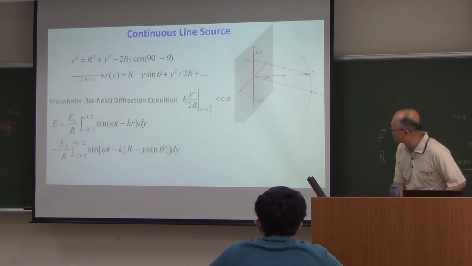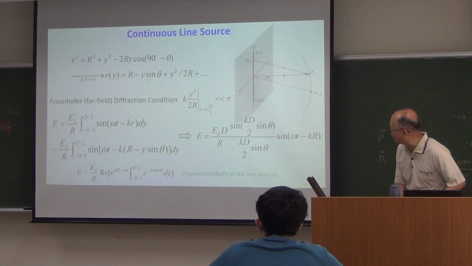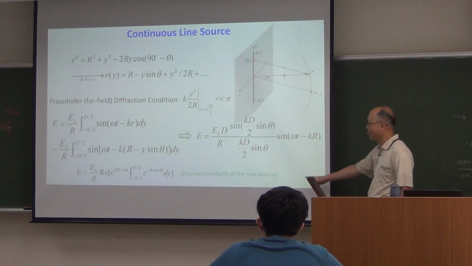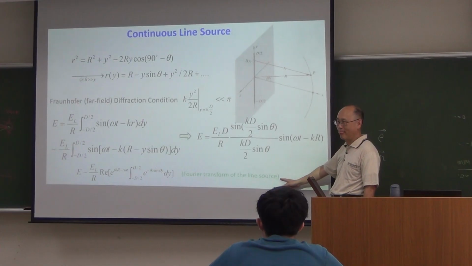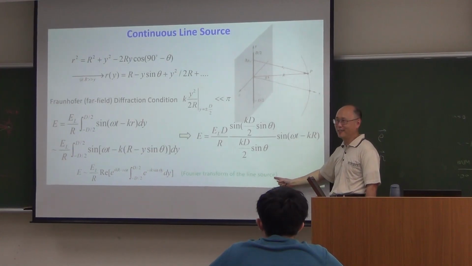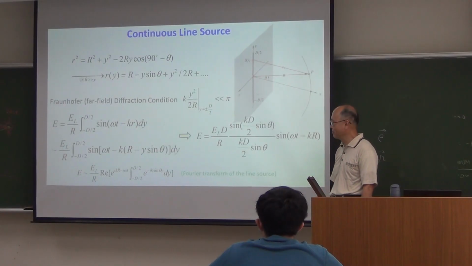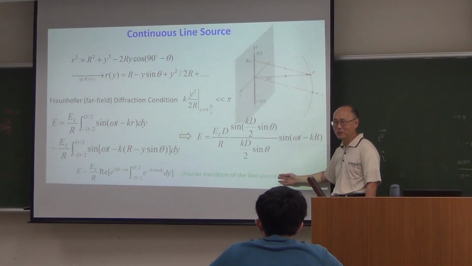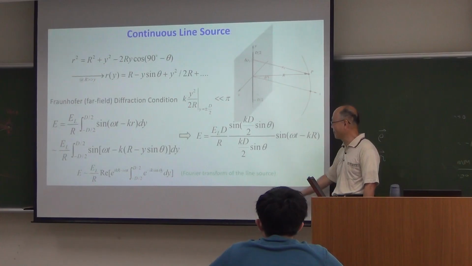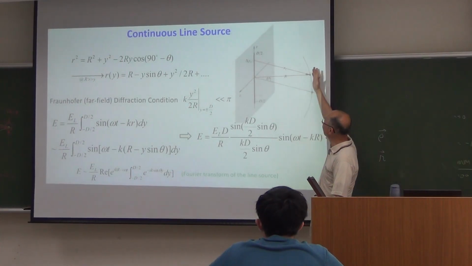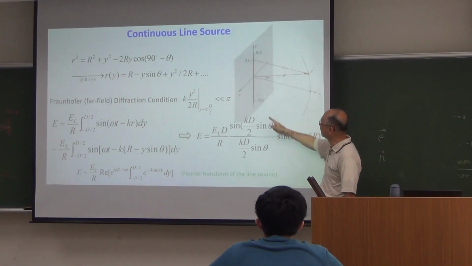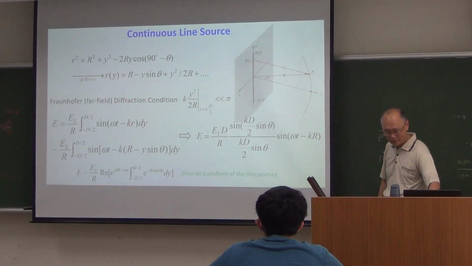And up to this point, we are doing what? We are doing the Fourier transform of the line source. So we are not putting in something new. We are sort of refreshing the memory. When you do this in the far zone, you are doing the Fourier transform of this line source.